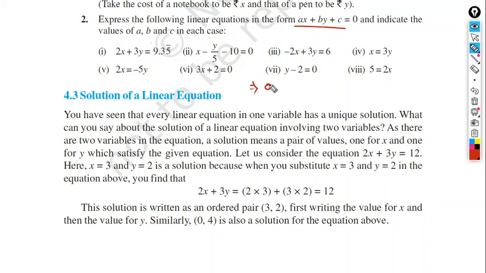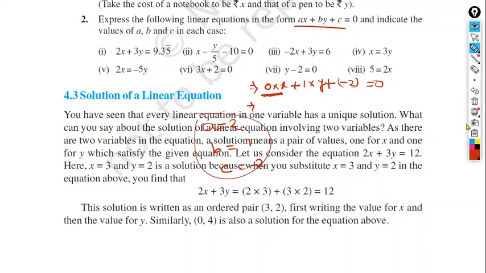So 0 into x plus 1 into y minus 2 is there, therefore plus minus 2 equal to 0. Now who is a here? a is 0, b equal to 1, c equal to minus 2.